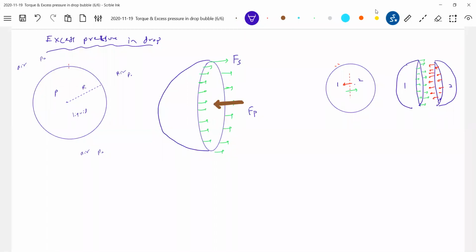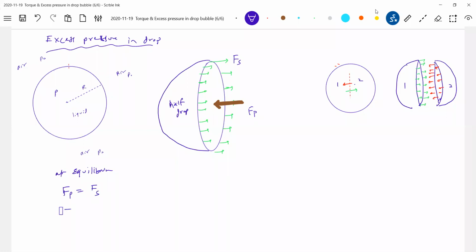This is one half of the drop, I think it is understood. At equilibrium, Fp is equal to Fs. What is Fp?